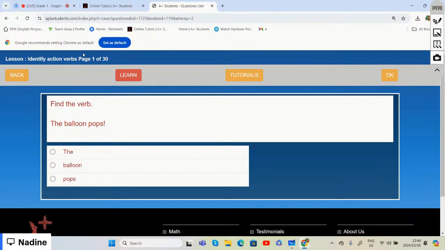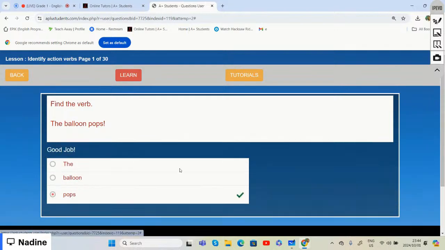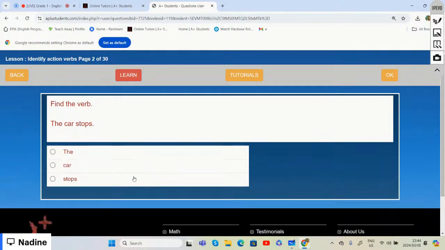If we were to identify the action verb, we can say the balloon pops. So pops is our action verb within that sentence.